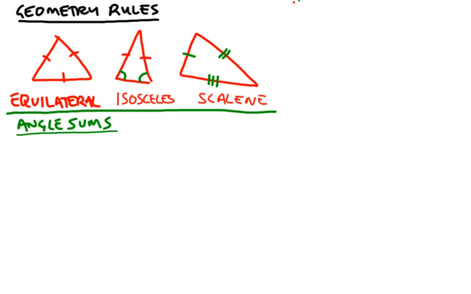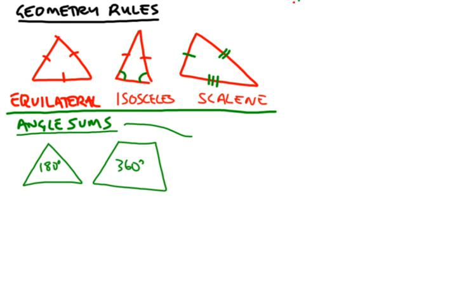Moving on to angle sums, you'll recall that the angle sum of a triangle is 180 degrees. And an angle sum of a quadrilateral, any sort of quadrilateral really, is 360 degrees. So when we follow that pattern, there's a rule for angle sums: the angle sum of a polygon equals n minus 2, now n is the number of sides of the polygon, times 180 degrees.